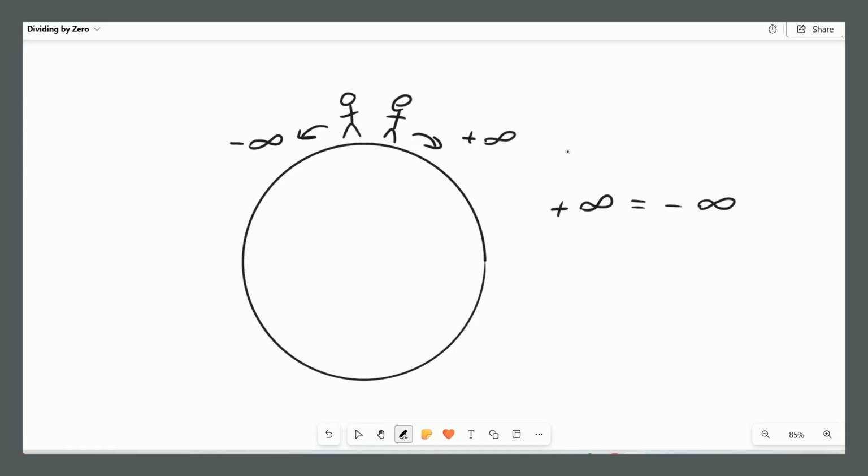And so in this situation, there is no logical fallacy, because dividing by 0 from the positive direction or the negative direction will give you positive or negative infinity, which is actually the same thing. So dividing by 0 will give you the same answer, whether it's a positive or negative 0. So this thought experiment shows you that, well, there are situations where dividing by 0 could be okay.